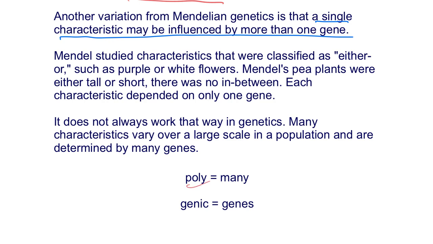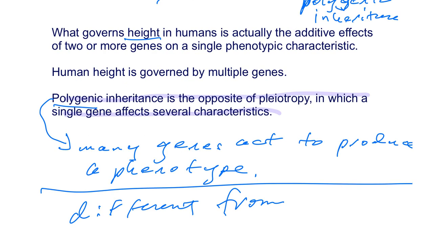That's what poly means. It's an example of polygenic inheritance. Many genes act to produce a phenotype. It's different from pleiotropic inheritance, where one gene can affect many different traits.